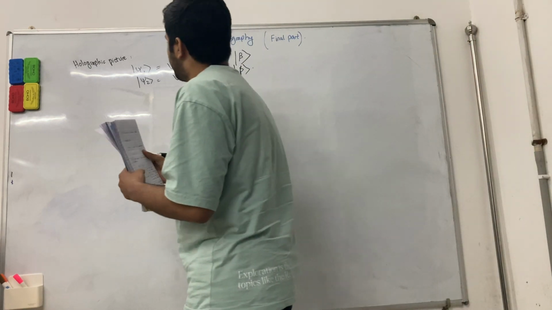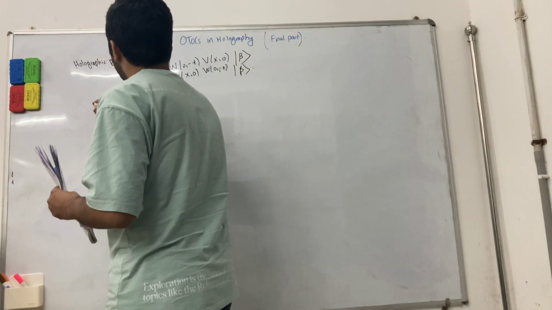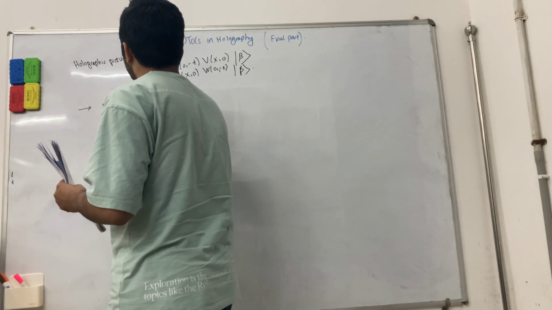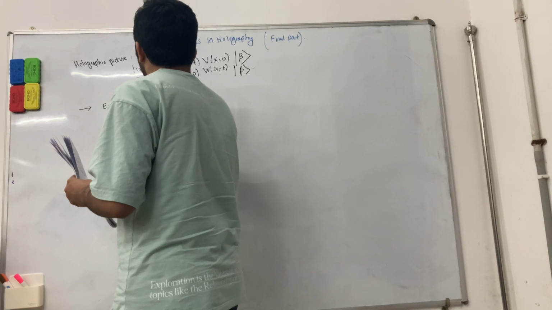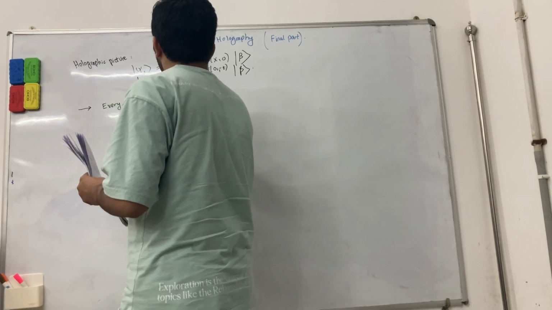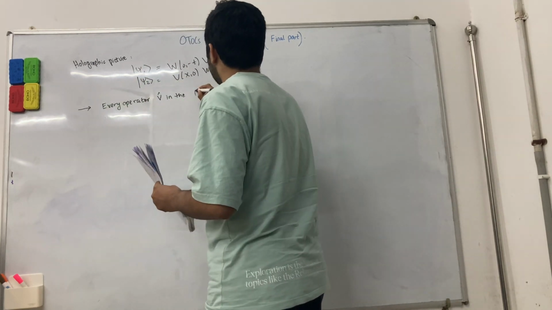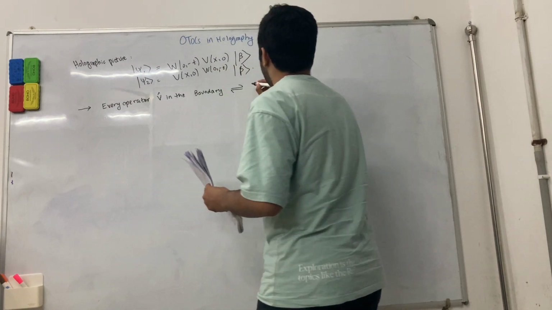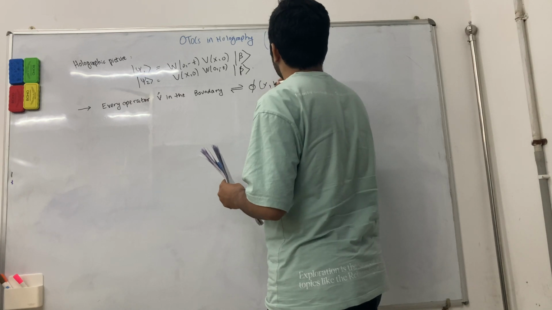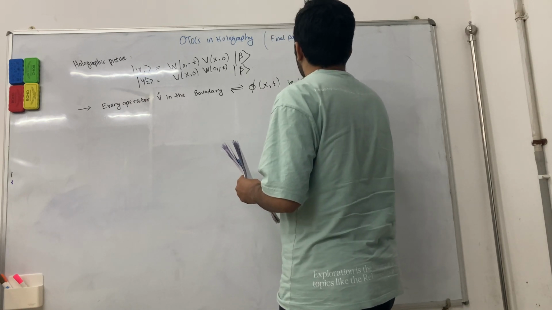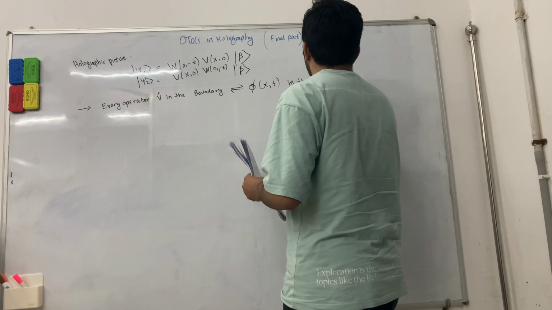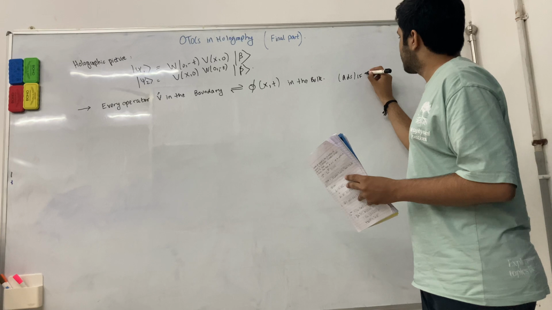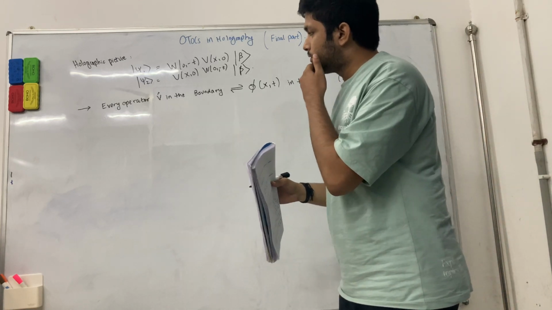To go into the holographic picture, firstly it's key to note that every operator, let's say V, in the boundary has a corresponding scalar field associated with it in the bulk. So this is a dictionary. This comes from AdS/CFT.